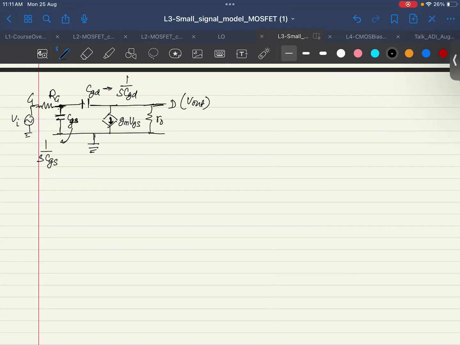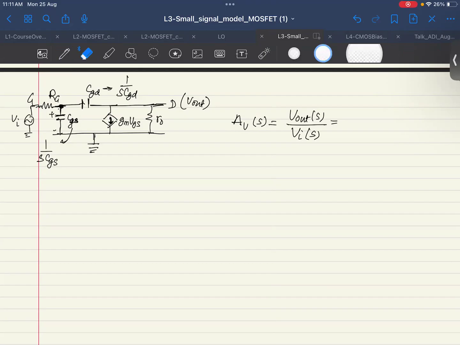So for that, you see what the relation is. One can solve this circuit and try to find out AVS, which is V out S divided by V in. So this is your homework, okay? You solve this circuit.